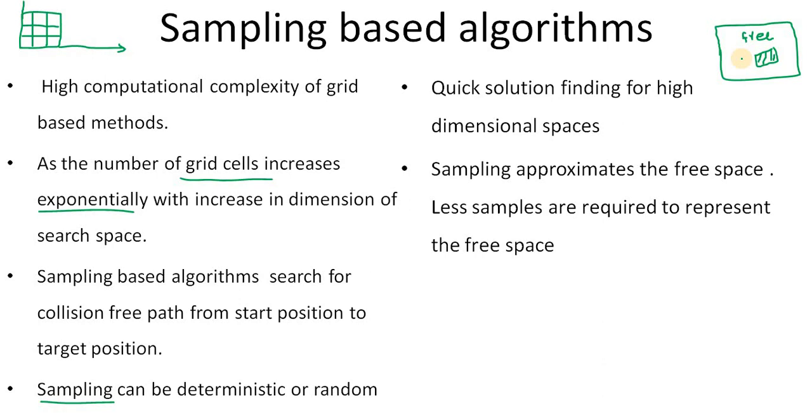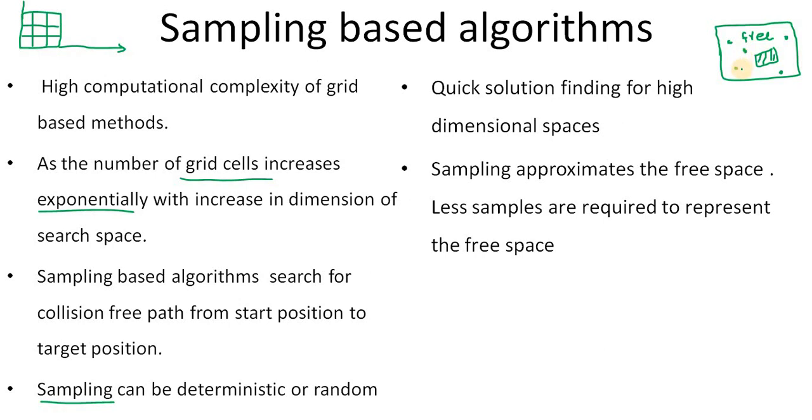What sampling does is approximate your free space. It says approximately which points or which samples are the free space. Because we need a model of the free space available in the environment.